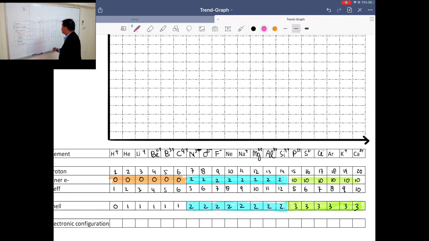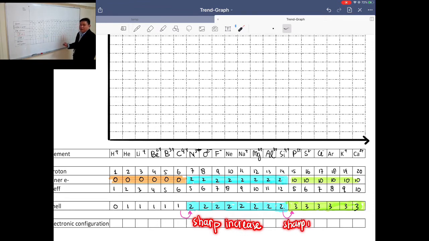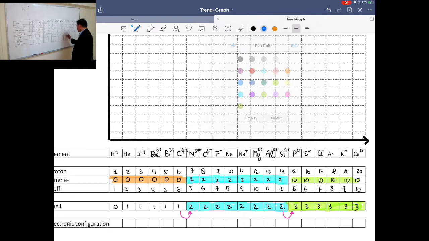So from carbon 4+ to nitrogen 3-, there will be a very significant increase in the ionic radius. So this green arrow represents a very big increase in ionic radius. So from carbon 4 plus to nitrogen 3 minus, there will be a big increase there.